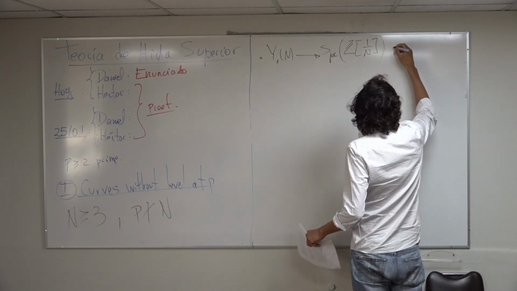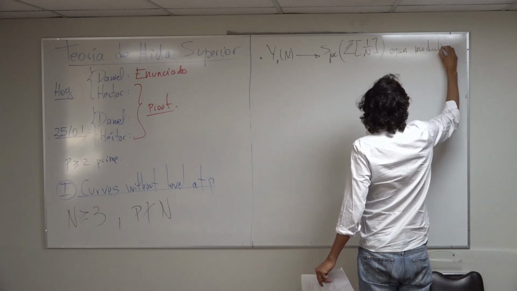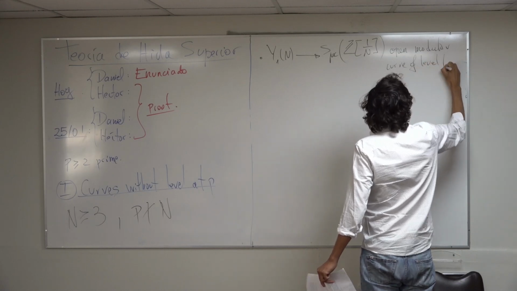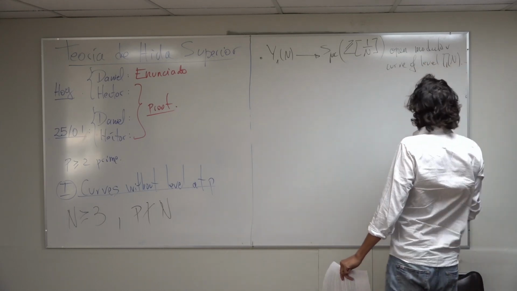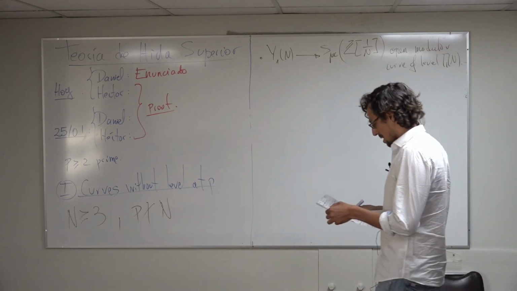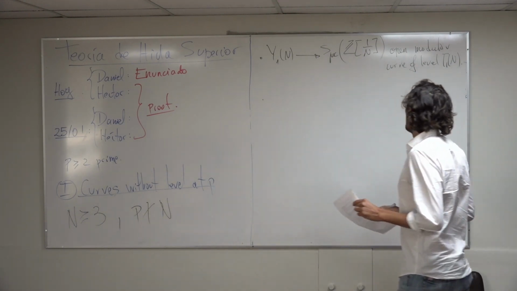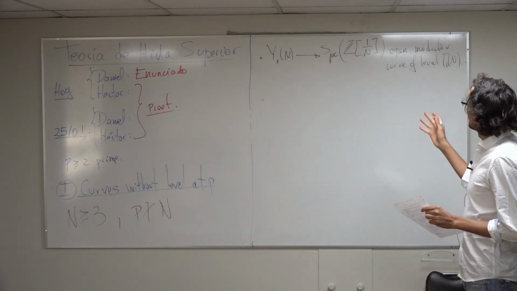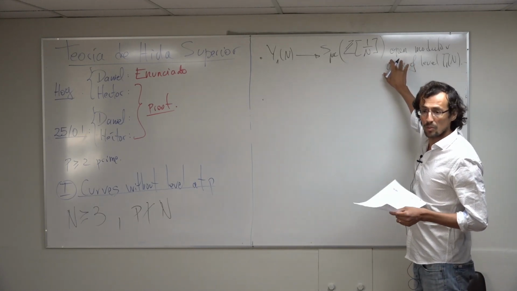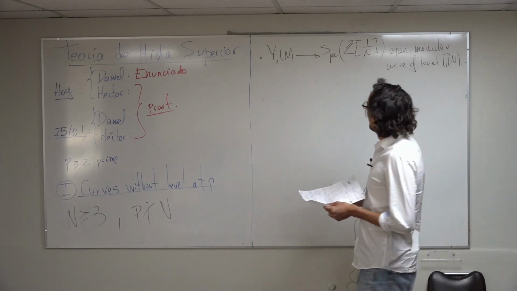Let me write: open modular curve of level Γ1(N). That was introduced by Javier in his talk, but he had no time to explain another object, which is not open, which we call the compactification, a proper curve.